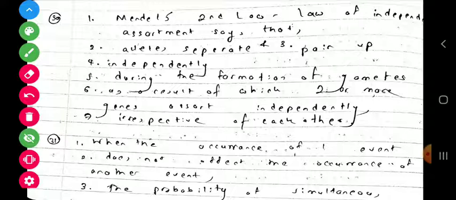Don't think it's hard, just think very simply. Try to remember the examples we discussed in our class today. Within that framework, you can see this definition is already there in those examples. Focus on the main words here. Mendel's second law of independent assortment says what?